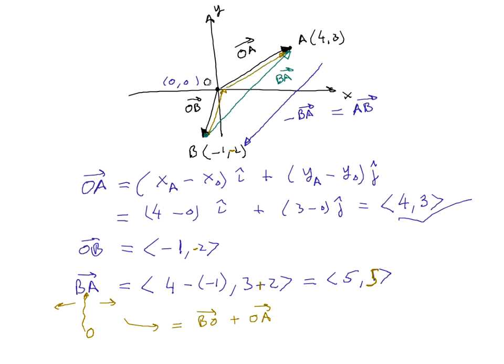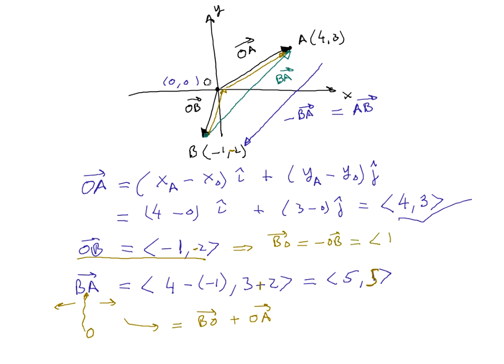Sure, the path is different. So if we assign this to kinematics, the distance traveled is much longer, but the displacement is exactly the same. Okay, so let's check that we have the same answer. If OB is -1, -2, it means that BO, which is the opposite, is negative OB.